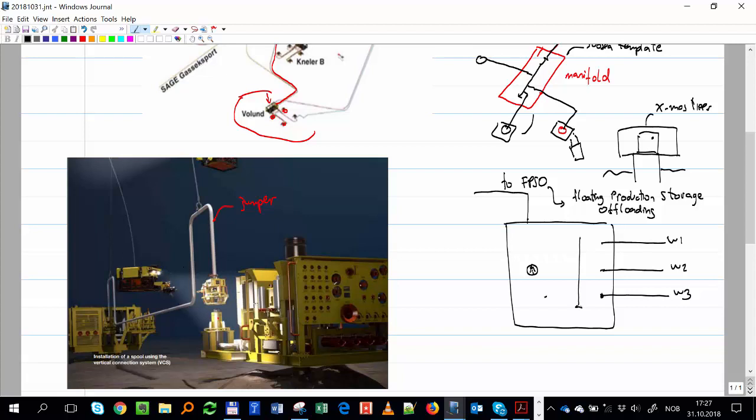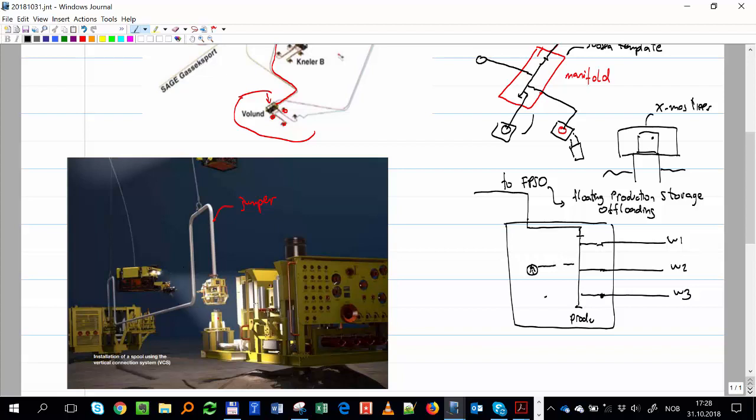I'm not going to spoil all the fun for you, but I'm just going to say you need to have a header. This is the production header, and that's connected to this line. So if you want to connect to that meter, you need to have one line which is maybe like that.